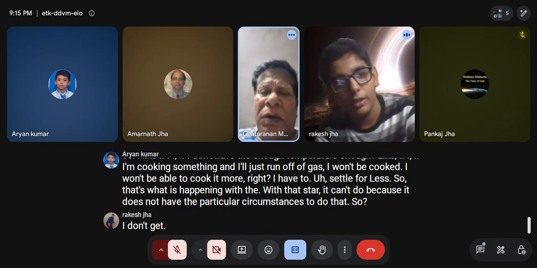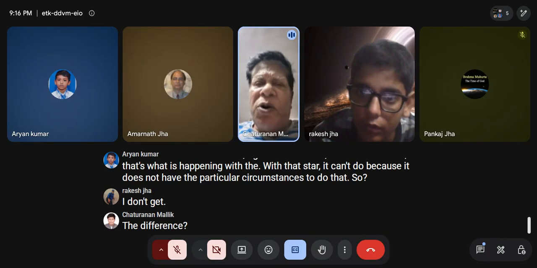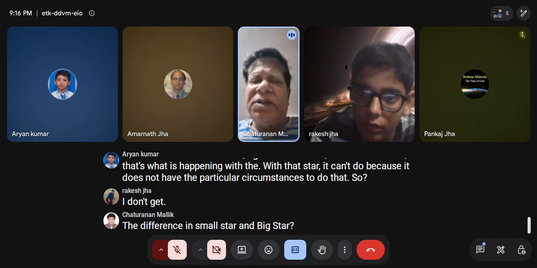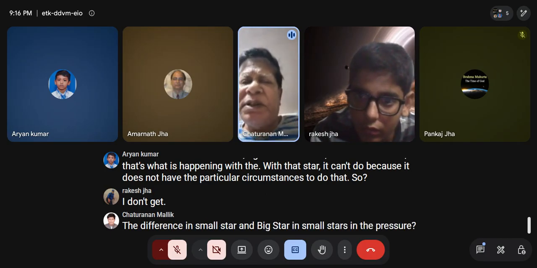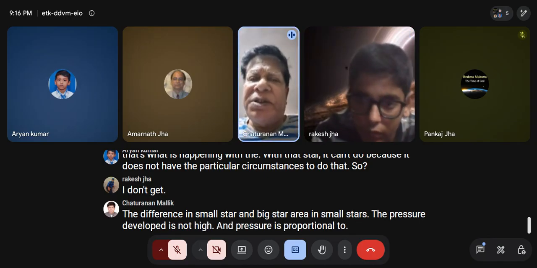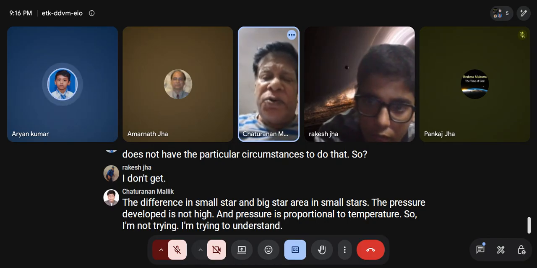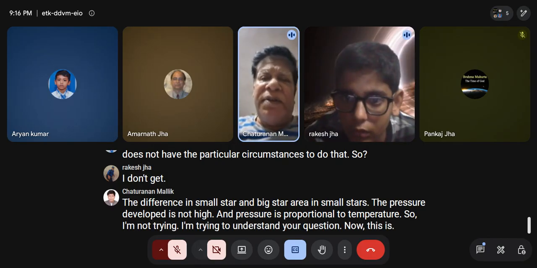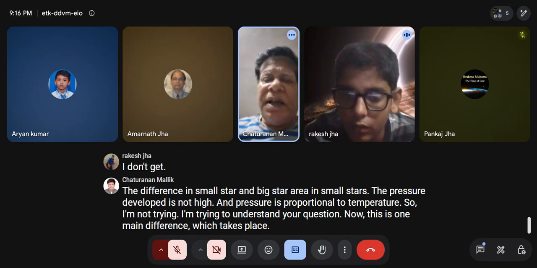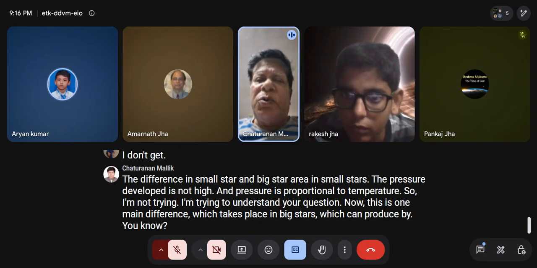I don't get you. No, Saksham, the difference in small stars and big stars is that in small stars, the pressure developed is not high, and pressure is proportional to temperature. So I'm trying to understand your question now. This is one main difference which takes place in big stars, which can produce it by gravitational pull.